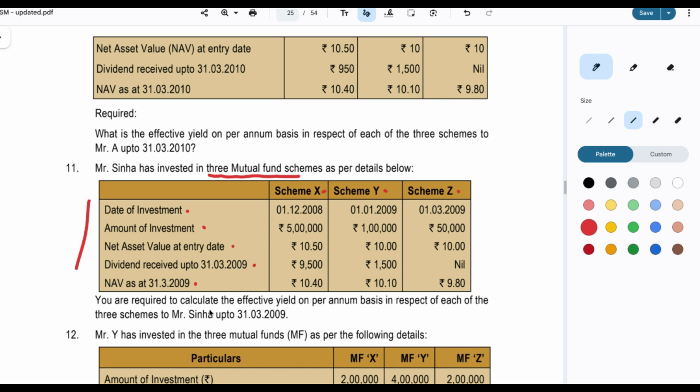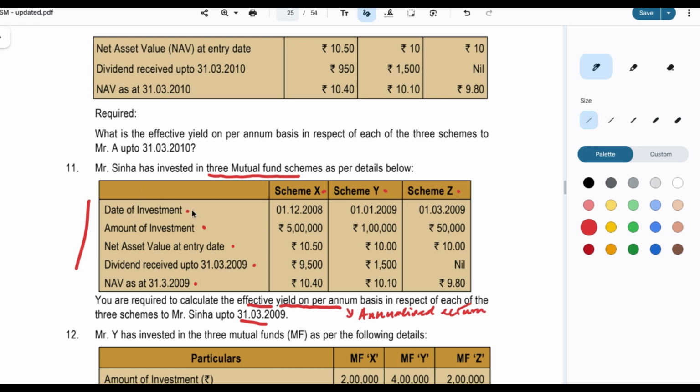You are required to calculate effective yield on per annum basis. Okay, that is annualized return in respect of each of the three schemes to Mr. Sinha up to 31/3/2009. Okay, so this is nothing but annualized return. And what all are given?